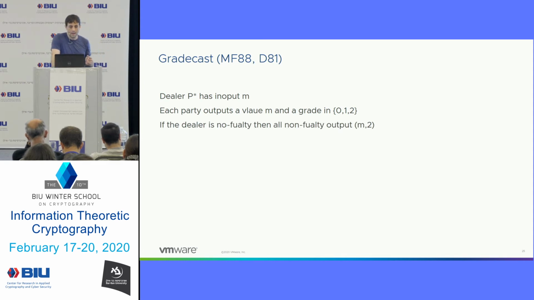Okay? And what are the properties? So the first property is that if the dealer is non-faulty, then everybody will output the message that the dealer wanted to send, and this value with a high grade.